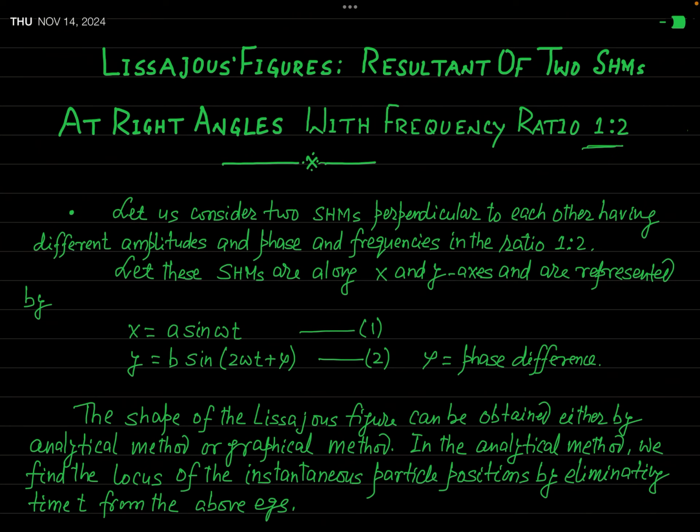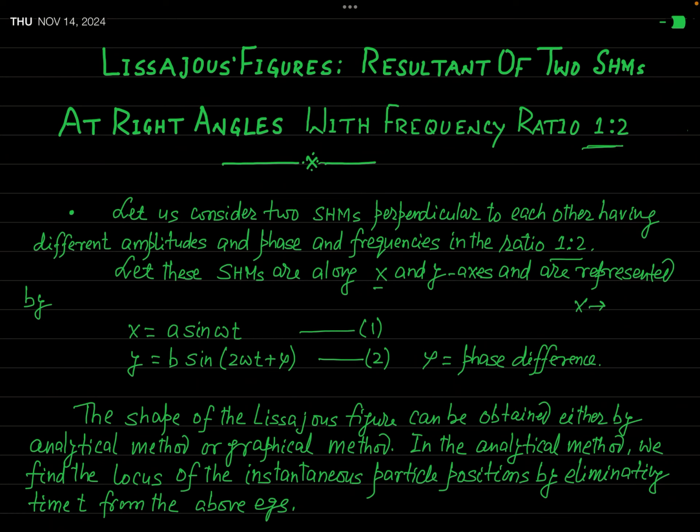For this, let us consider a particle which is acted upon by two simple harmonic motions of different amplitude and phase, and their frequencies are in the ratio 1:2. It means the first SHM is along the x-axis and its frequency is omega.